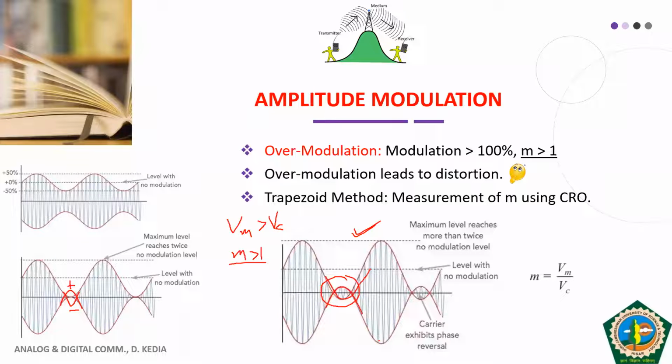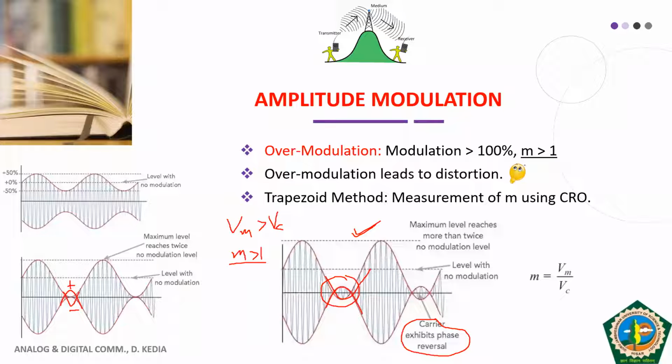Okay, and because of changing the sign, then what is happening? The carrier inside this envelope exhibits phase reversal. Means whatever signal was supposed to be going in the positive direction is moving to negative, and negative is going to positive.